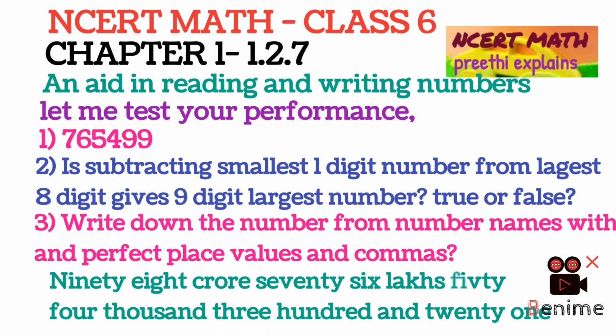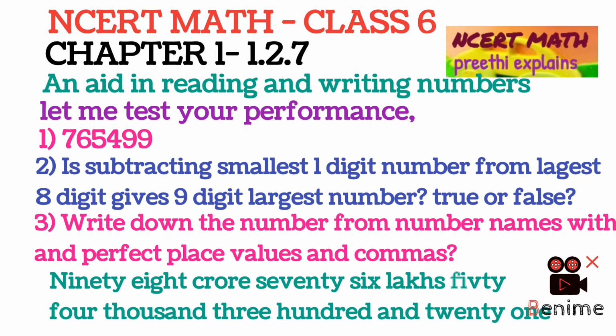The first question, you have to write it as 7,65,499 in proper English words. The second question: subtracting the smallest 1-digit number from the largest 8-digit number gives the largest 9-digit number. The smallest 1-digit number is 1.